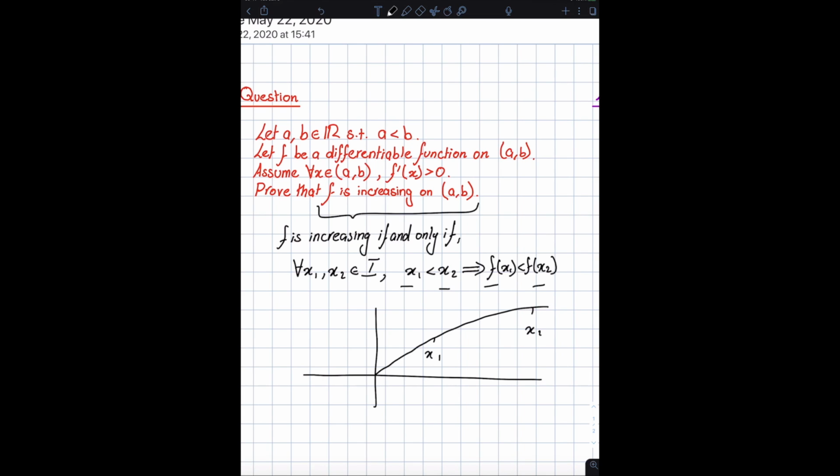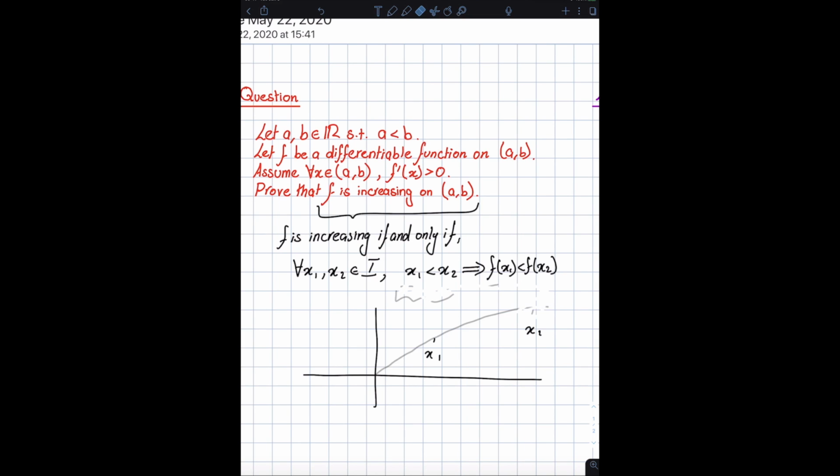And the important thing to notice over here is that this condition is satisfied for every x1 and every x2 in the entire domain, as long as x1 is not equal to x2, which of course is guaranteed by this inequality. Otherwise, if x1 is equal to x2, then this condition will not be satisfied to begin with.